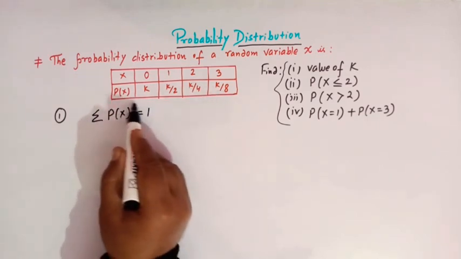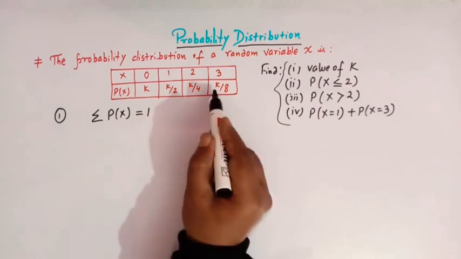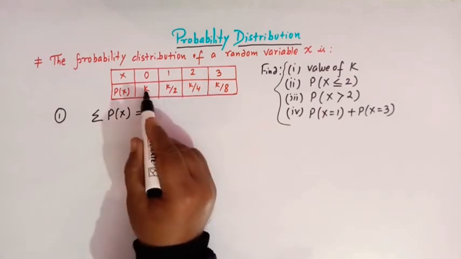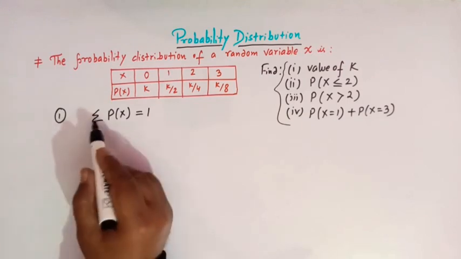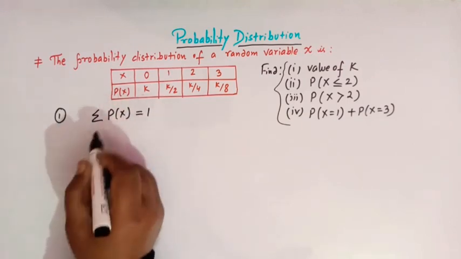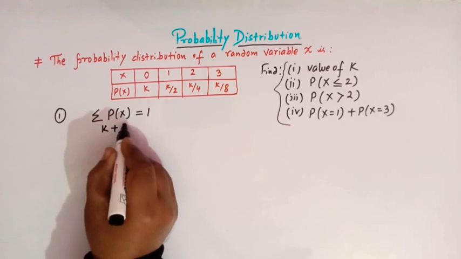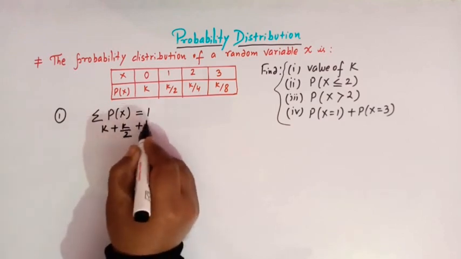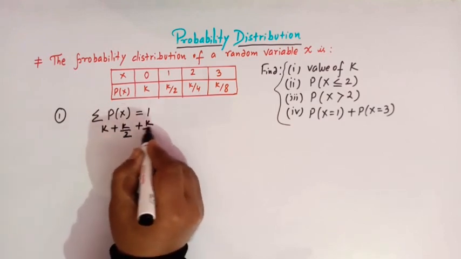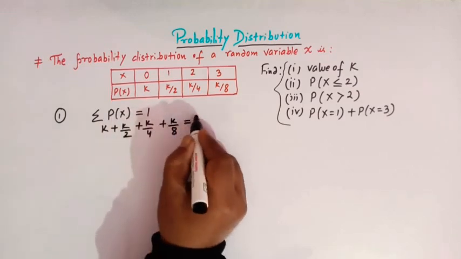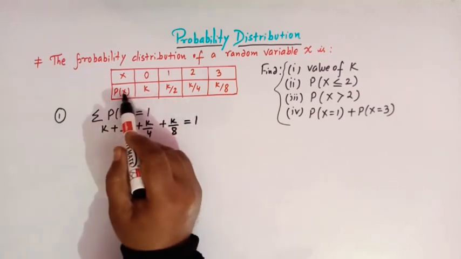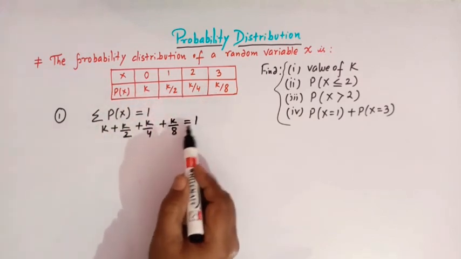So we'll use this result to find out the value of this constant k, right? So sigma of px is 1. So we have k plus k by 2 plus k by 4 plus k by 8 is equal to 1, right? So the sum of all probabilities should be equal to 1.